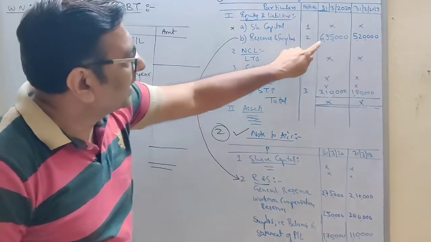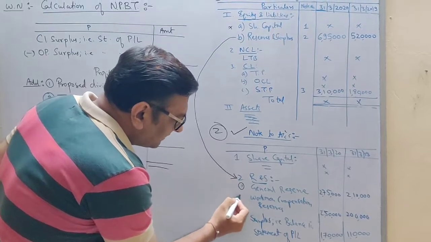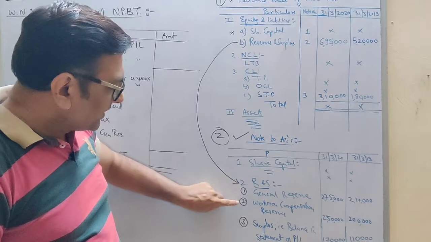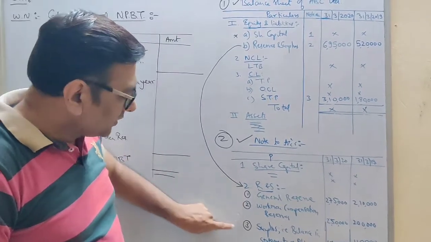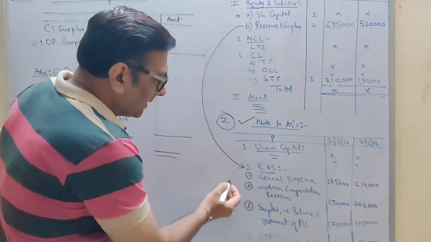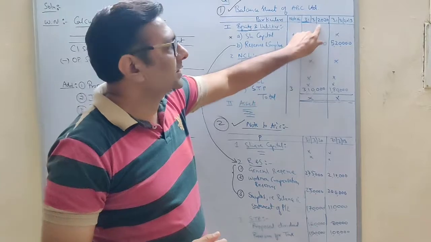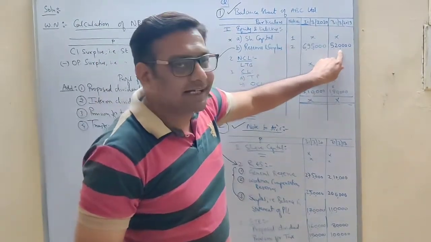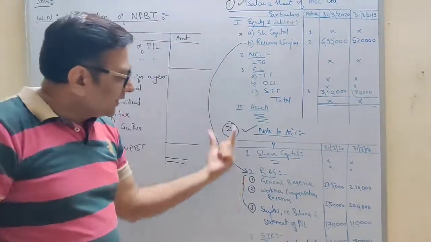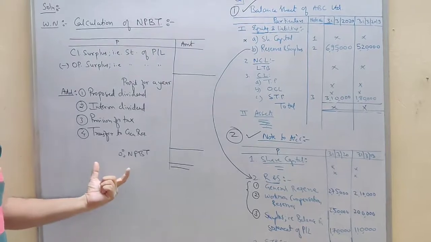In this total amount of 695, there are 3 items: general reserve, workman compensation reserve and surplus balance in statement of P&L. These 3 amounts total 6,95,000 for the year 2020 and 5,20,000 for the year 2019. This is how you refer to the question while doing the calculation of NPBT.